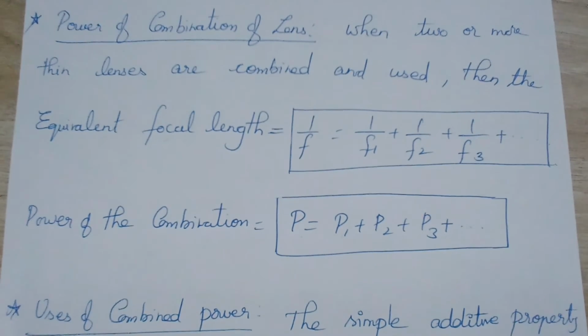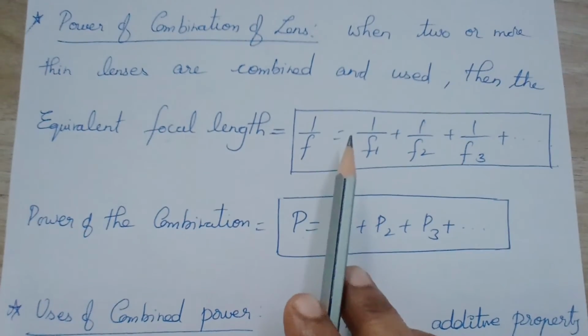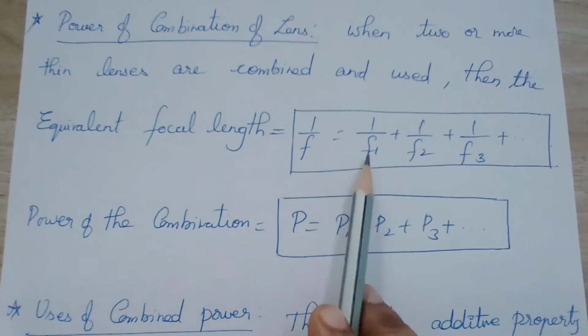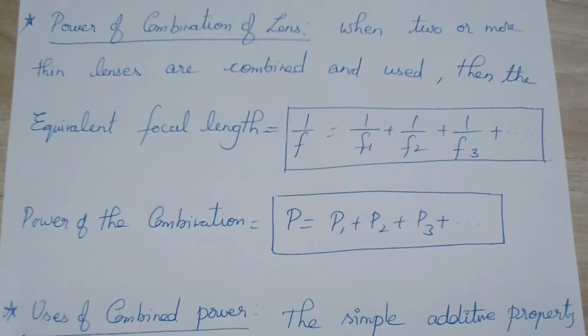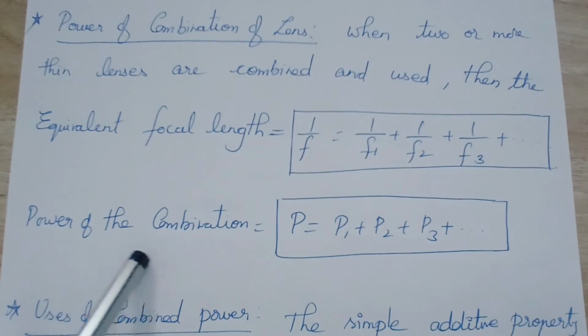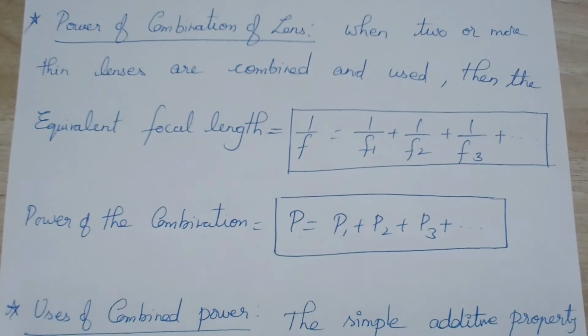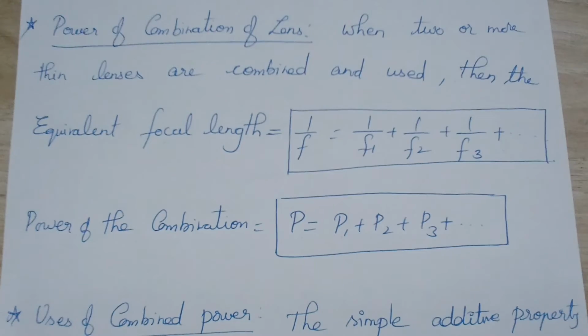Eye doctors go for this because it is easy to add like this, instead of mentioning the focal length. In case of focal length, we have to take the reciprocal and then add, and then find the combined one. So they mention the power only in terms of diopters. It is easy to calculate the power, because we can simply add up these powers to get the power that is required.